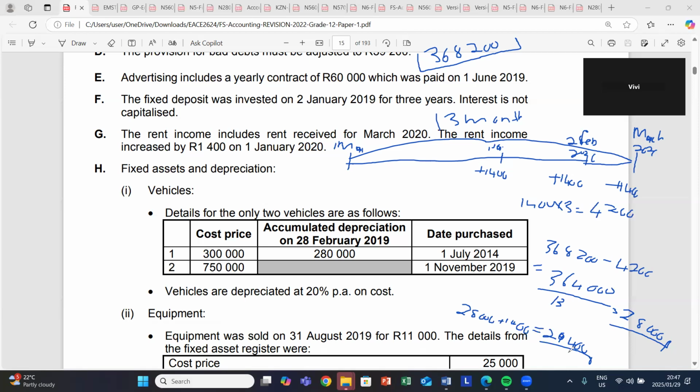And then you say 364,000 divided by 13, so that we can clearly see each and every single month how much I was supposed to receive without an increase. And then you go 28,000 rand, meaning before the increase you were receiving 28,000 rand. But after the increase of 1,400, you were receiving 29,400, which was a perfectly great answer.